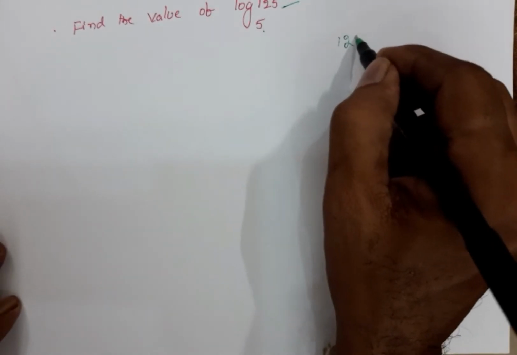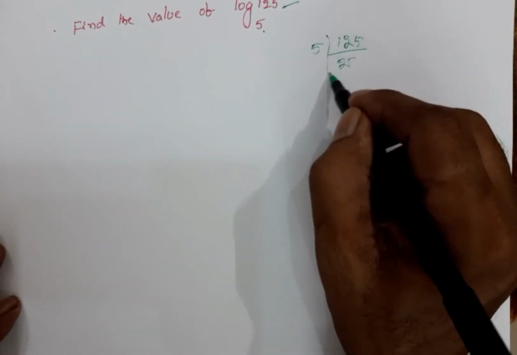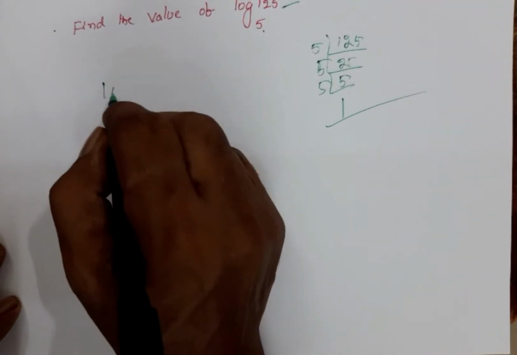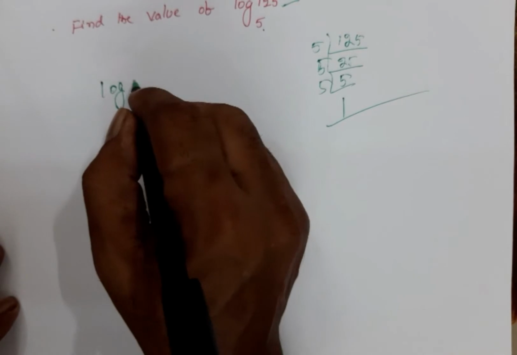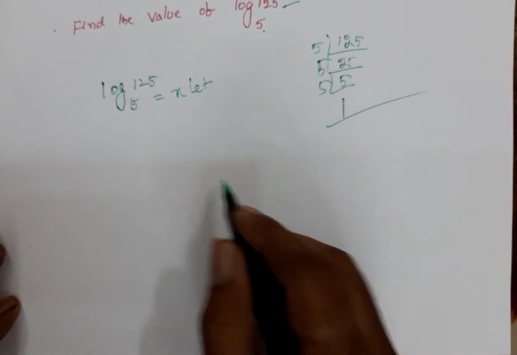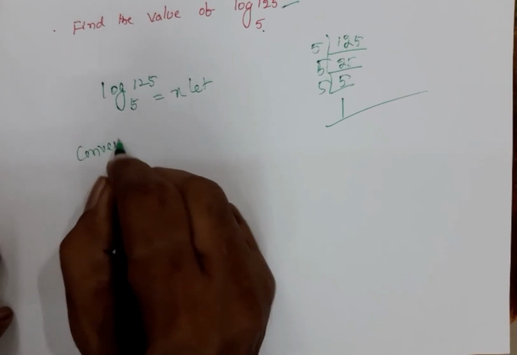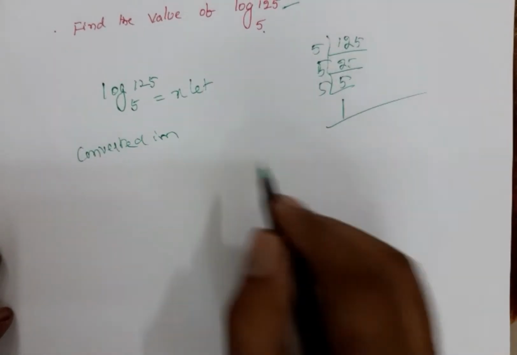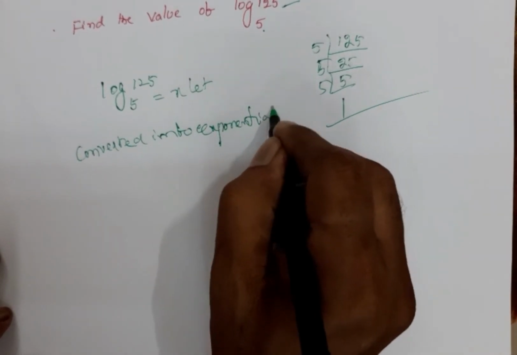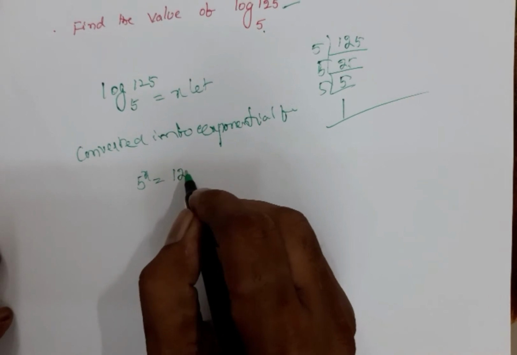Factorizing 125, we get 5 times 25, which is 5 into 5 into 5. Let log 125 base 5 equal x. Converting into exponential form, 5 to the power of x equals 125.